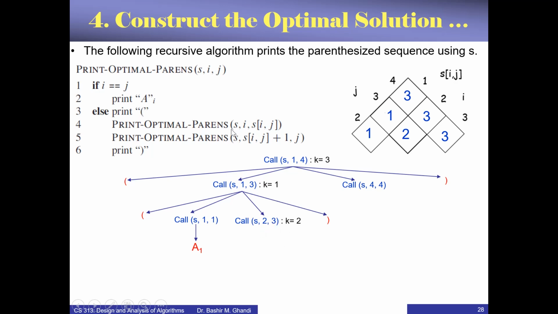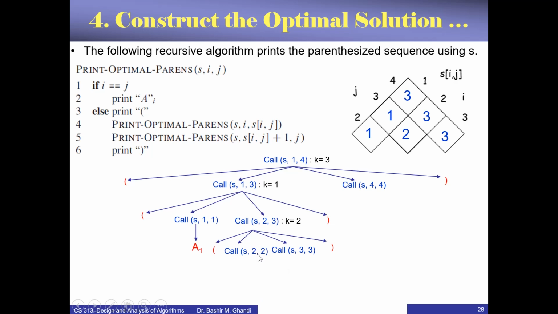Print the opening, make another call, and then print the closing. So we will print the opening, make a call with 2 to k, well, k is 2, so 2, 2. Make another call with k plus 1, which is going to be 3, so 3, 3. And then make a call to print the closing parenthesis.